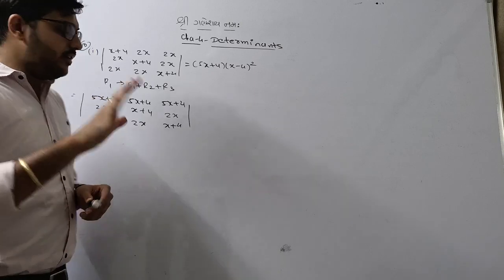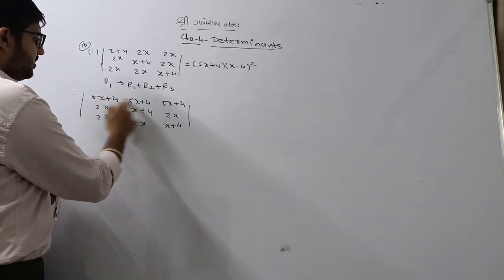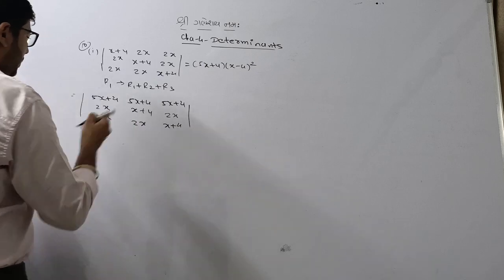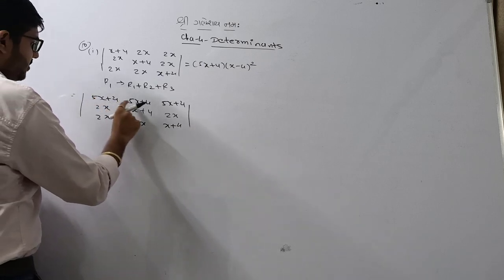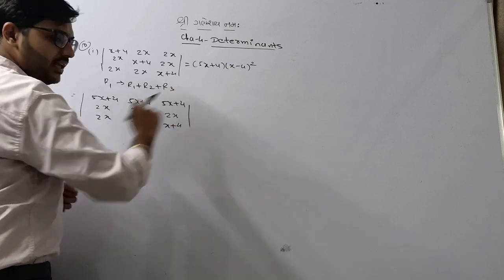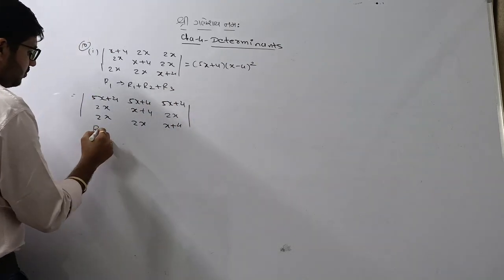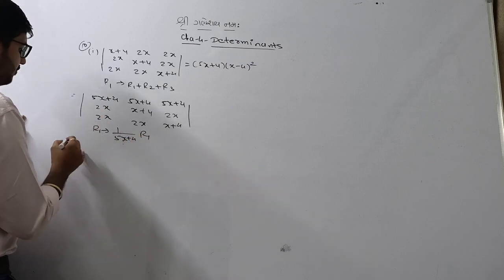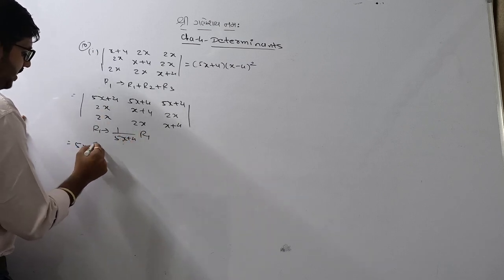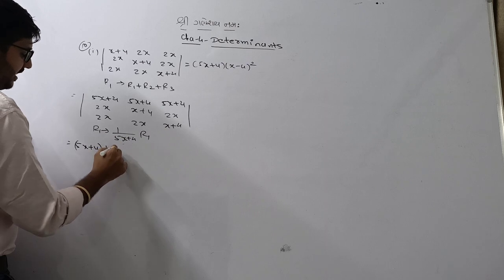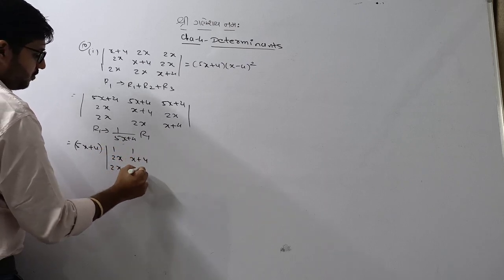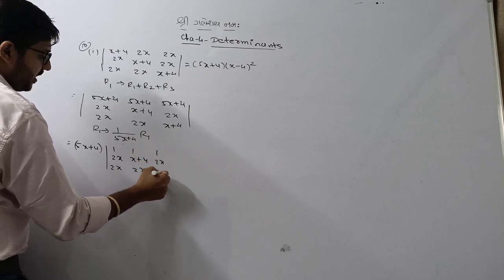Okay. Now if you follow the column operation, then you can get this in the first column, right? Now we just check, we get 5x plus 4, 5x plus 4, 5x plus 4 in the first row. So I will do the operation where R1 will be divided by 5x plus 4, so I have to multiply it also. So now I'll get 1, 2x, 2x, 1, x plus 4, 2x, and 1, 2x, x plus 4.